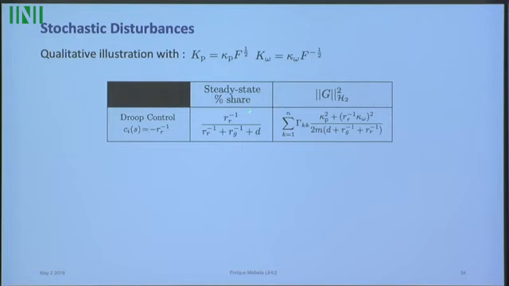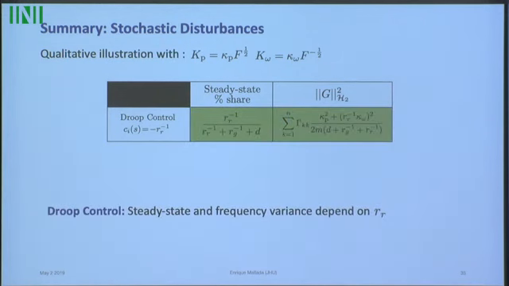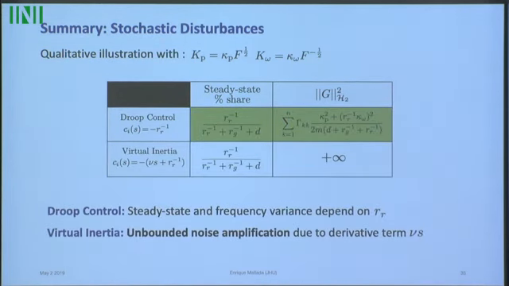But it also affects the steady state effort. So if you want to damp more, if you have a step change, then you're going to have a large steady state effort. So there's a trade-off there. And what about virtual inertia? Well, if you don't put any filter, then it just amplifies the noise everywhere. Okay, so for measurement noise and for synchronization error, virtual inertia doesn't seem to be a great idea.